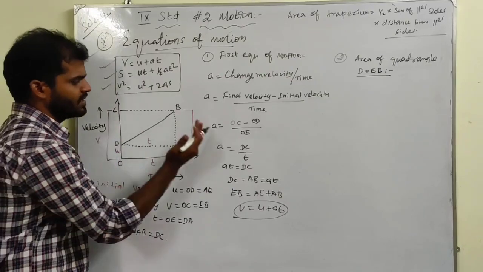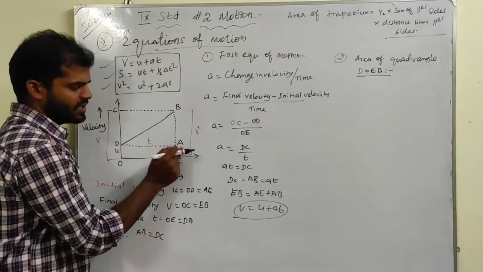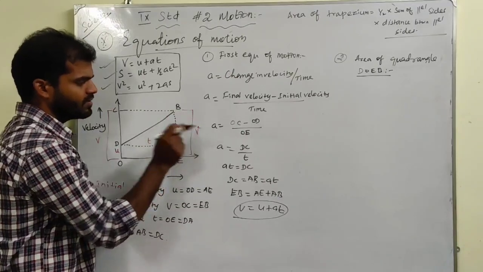In the same way, on the other side, EA is the initial speed and EB is the final speed.